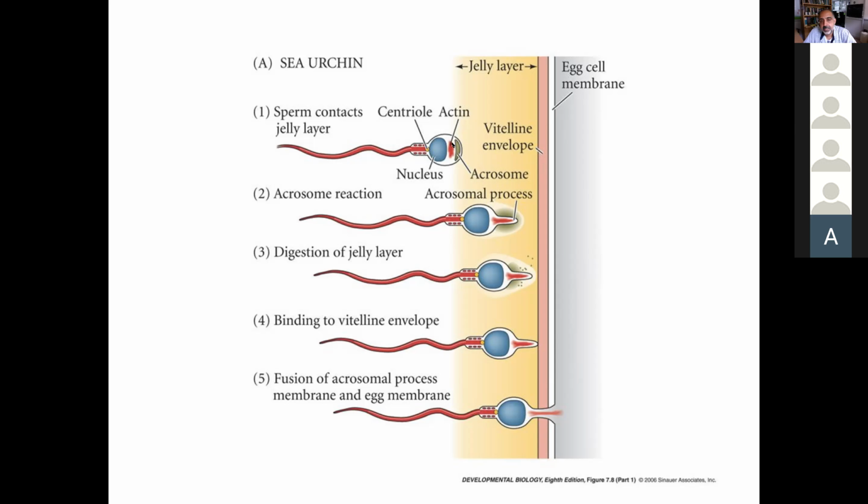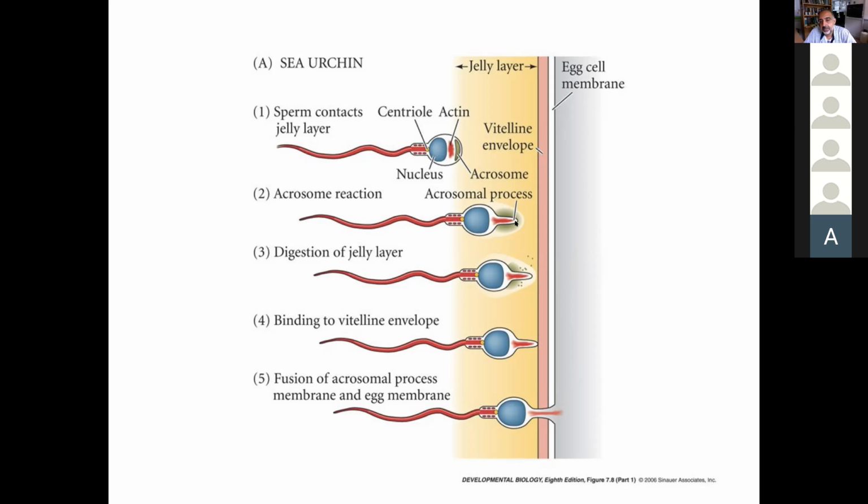At the same time, there's a cap of actin above the nucleus, above the pronucleus. This undergoes some transformation, so it forms a kind of spear, which is called the acrosomal process.